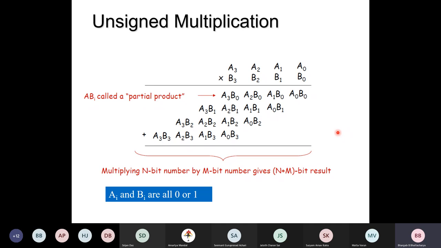If we consider the implementation of the whole thing in hardware, it is sort of straightforward, isn't it, sir? All you need is an array of AND gates to compute the partial products and then keep on adding them together. And we have already seen that if we have multiple rows, how to add them efficiently.